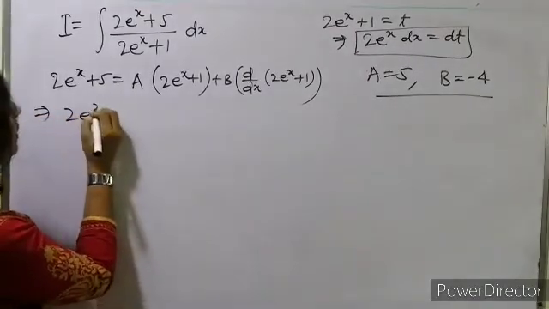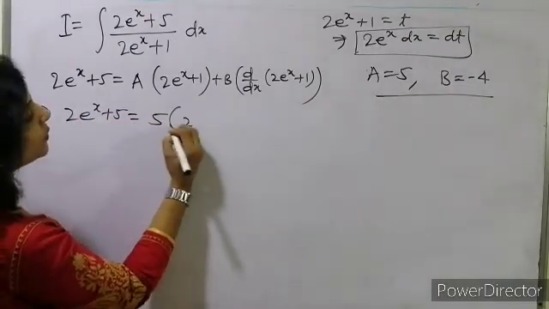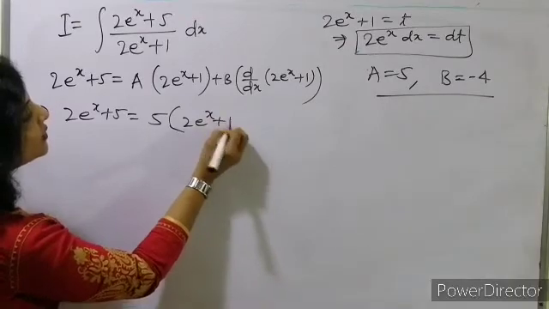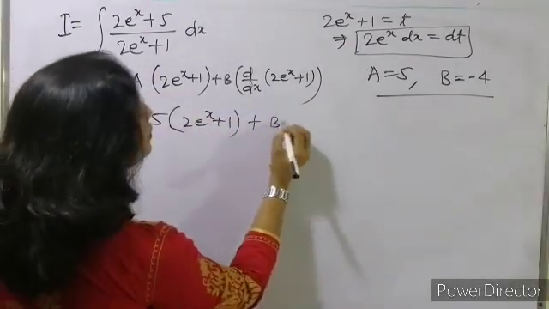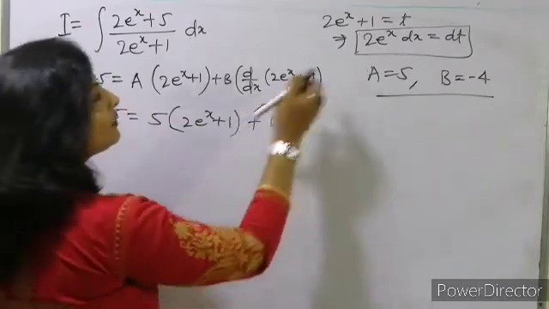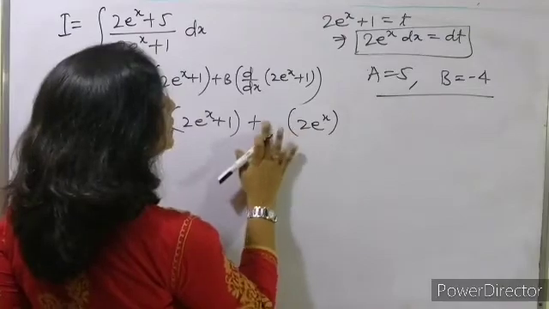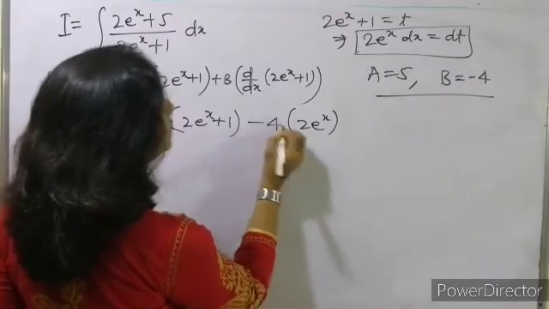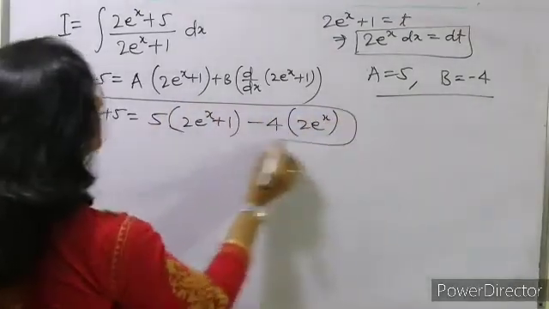So 2e to the power x plus 5 should be equal to a is 5, 2e to the power x plus 1, that is the denominator, plus b into derivative of this one, that is 2e to the power x. b का value is -4, so we'll write here -4. ठीक है. So this way we have to break the numerator.